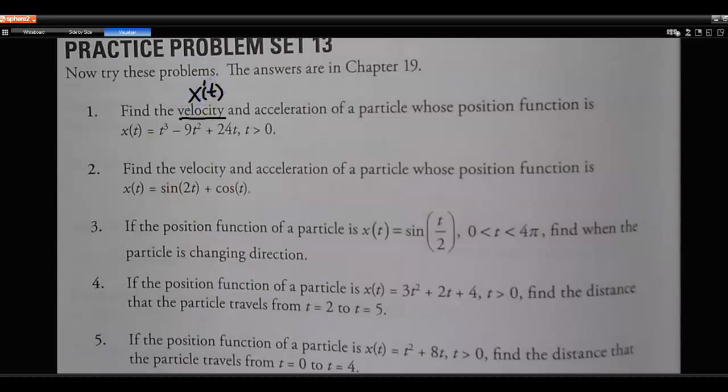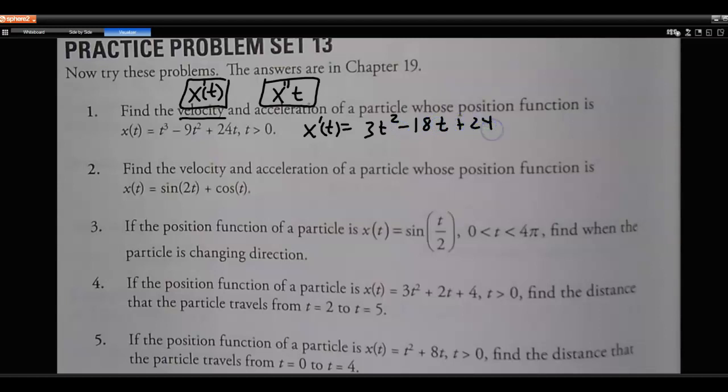The acceleration is the derivative of the velocity function. So if this is the velocity function and I take the derivative of that, I end up with a double derivative. So acceleration is a double derivative, velocity is a primary derivative. So pretty simple. We're just going to take derivatives here, but you have to understand the definitions and how the terms relate to each other.